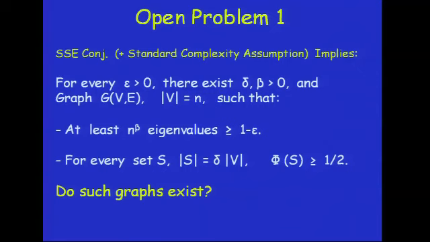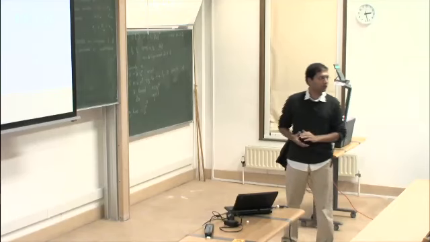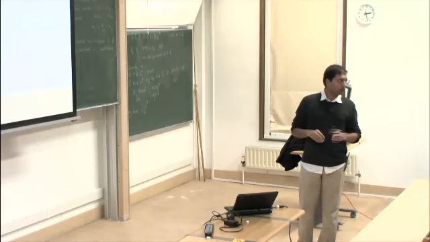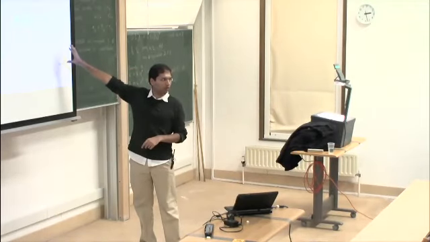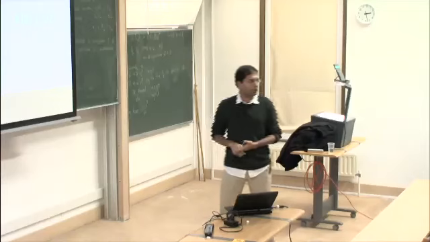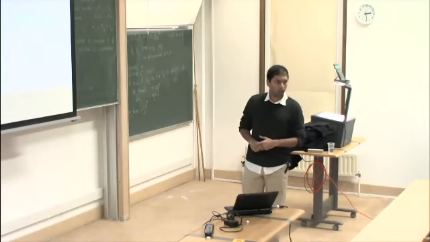You have expanders with very small gap. I guess you would need to look at the constructions and see. The point is, you're saying that because you only got expansion for small sets, you can't deduce that the eigenvalues are small. So I only care that the small set expands. So the graph need not be an expander. I only need that the small set expands.